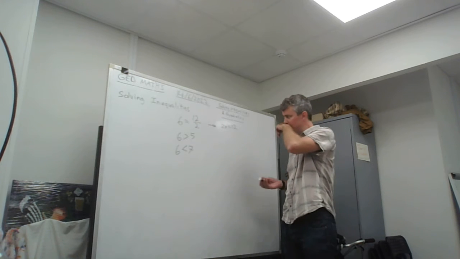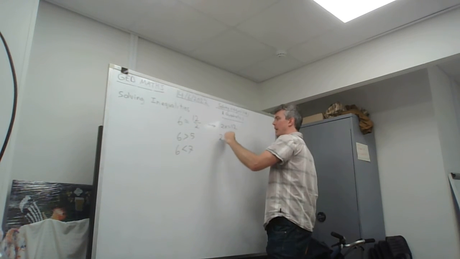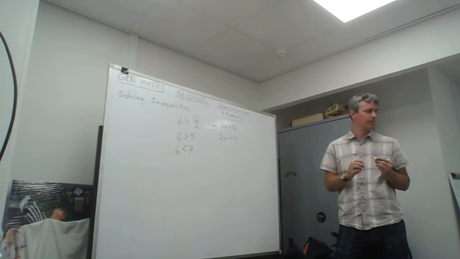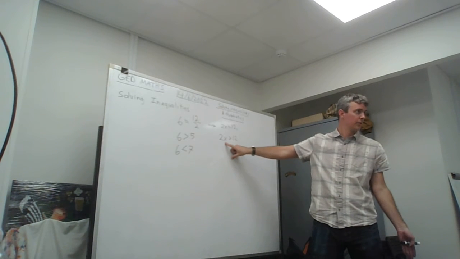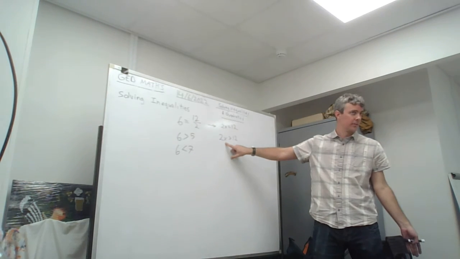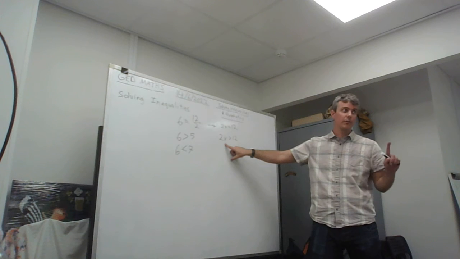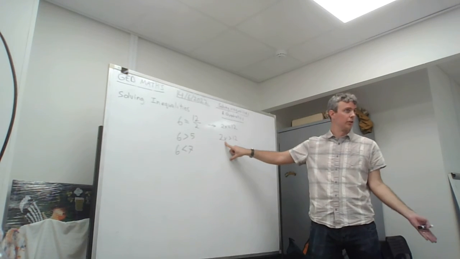So if instead we did 2x is greater than 12, and I said if x is 0, that's false, because 0 is not greater than 12. If x is 5, it's false, because it's 10. If x is 6, it's also false. If x is 7, it's 14, it's true.